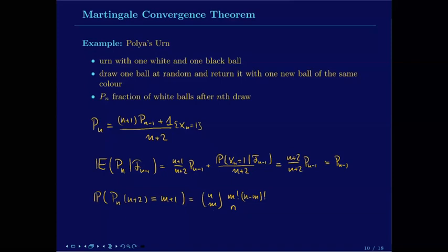And then again, the indices are increased. So we have in total, after the draws, n plus 2 balls. We have that factorial. And we have m factorial for the first white balls and then for the black balls.